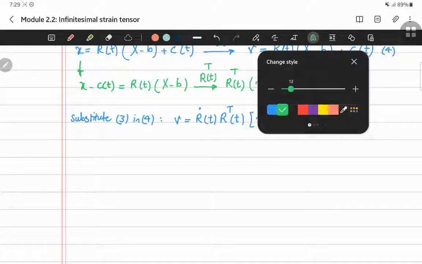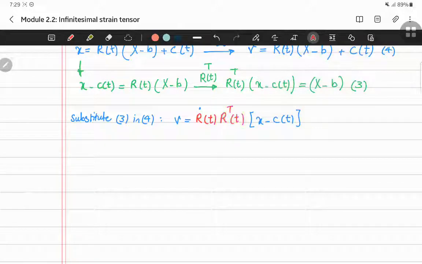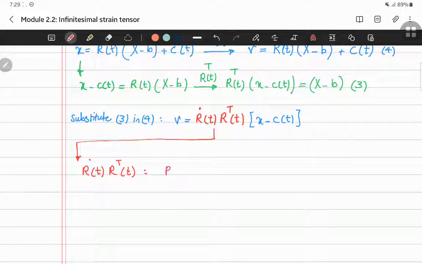So I have R dot(t) R transpose(t). So I can simply write R R transpose.